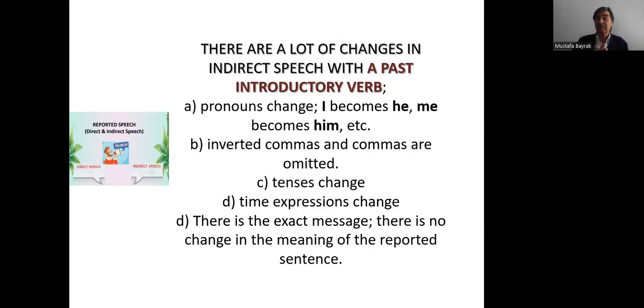Now see, this is the distinctive change. Tenses change, okay? With a past introductory verb, tenses change. Time expressions change. There is the exact message. Again, there is no change in the meaning of the reported sentence. The same meaning, the same message is reported in a reported format.